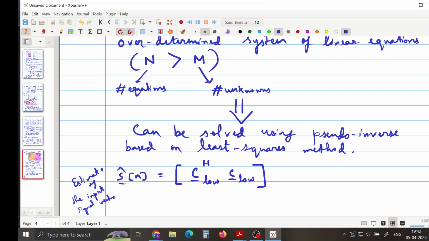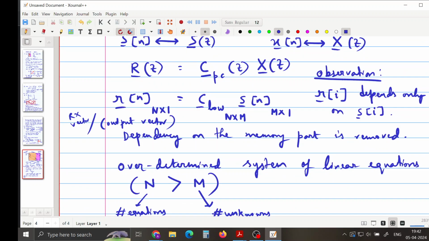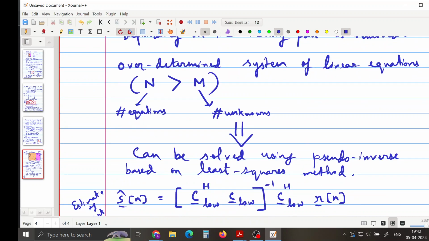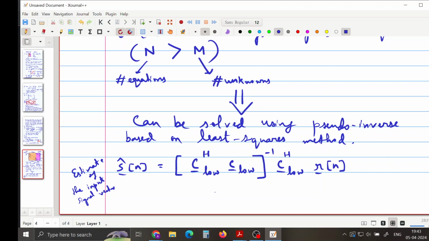This times, so this whole inverse times C low Hermitian again times R of n. This is a solution, and you can check these are dimensionally correct.